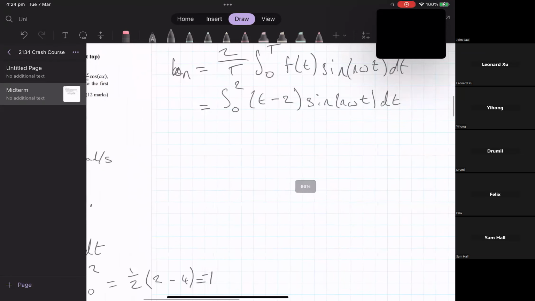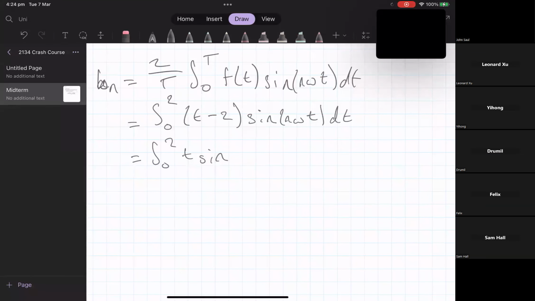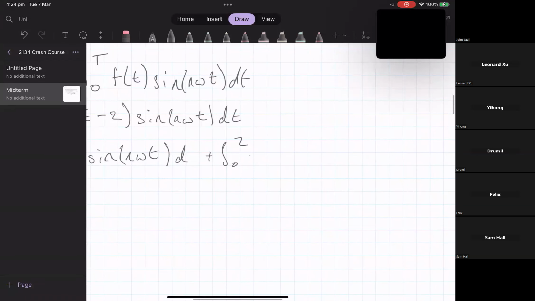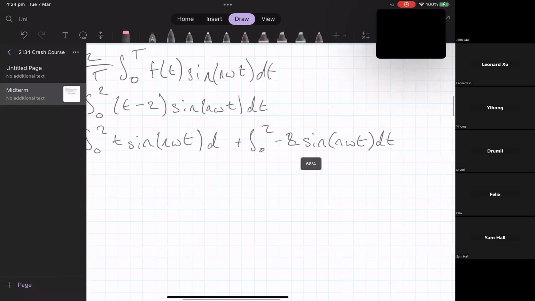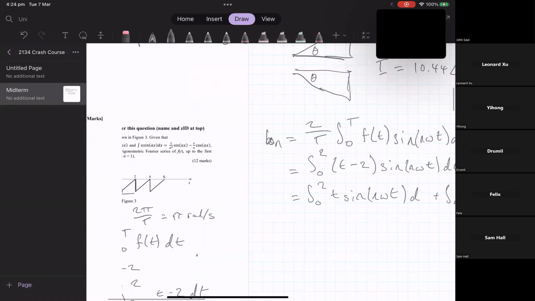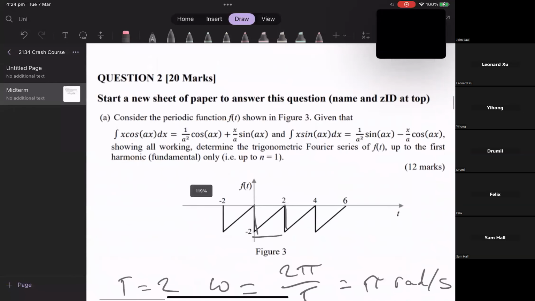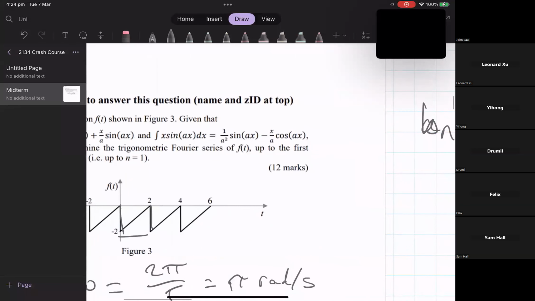Okay, next step, simplifying this out, what we will notice is the equation they gave us earlier, plus another integral, which is just a simple sinusoid. So this is as simple as taking exactly what they have here and applying it to our specific equation. So the integral of x sine ax equals 1 on a squared sine ax minus x on a cos ax.